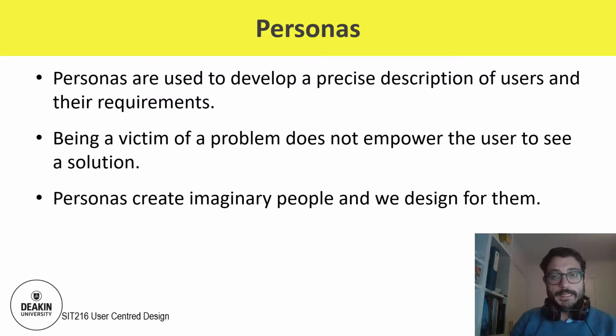So what do we mean here? That the people who have problems have requirements. If they don't have a need, then we're probably creating for the wrong person. Now, just because you are having a problem doesn't mean that you are the best person to solve that problem.